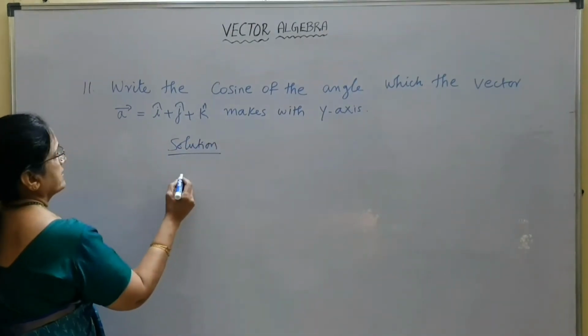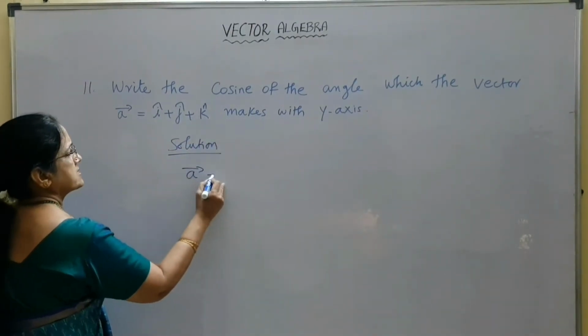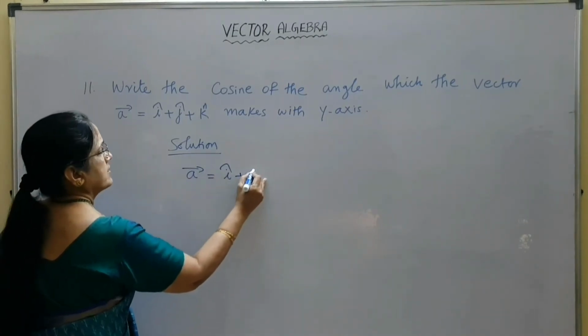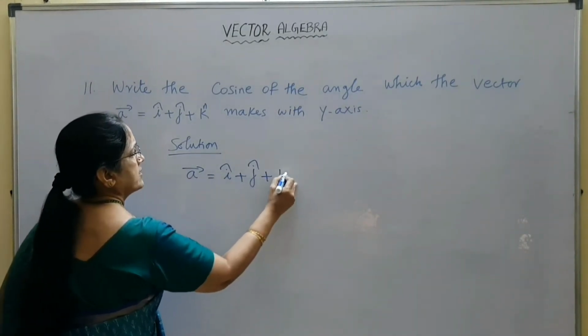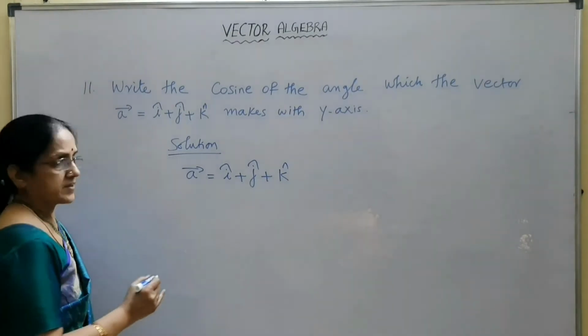You have been given A vector is equal to I cap plus J cap plus K cap.